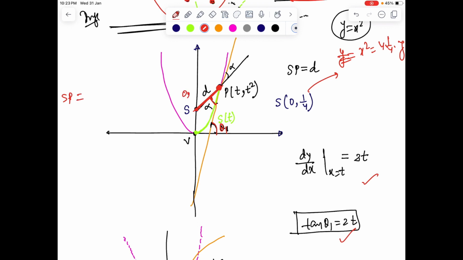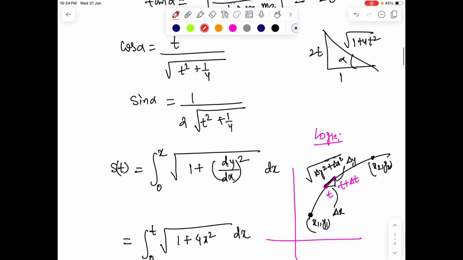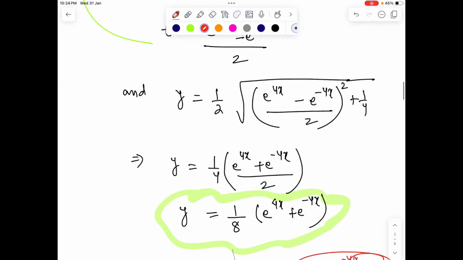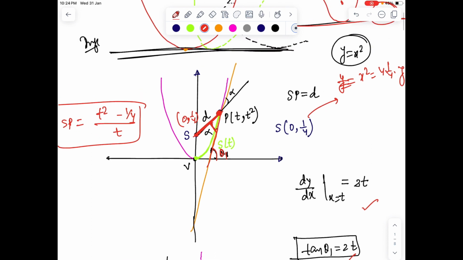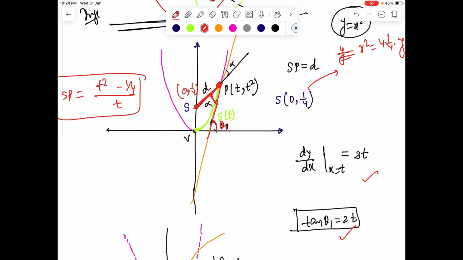The SP slope is, because this focus is 0, 1 by 4, t square minus 1 by 4 by t. So once the SP slope and the slope of the tangent are known, alpha can easily be found with tan theta equals m1 minus m2 over 1 plus m1 m2. So if the SP slope and the slope of the tangent are known, we can find the included angle also.